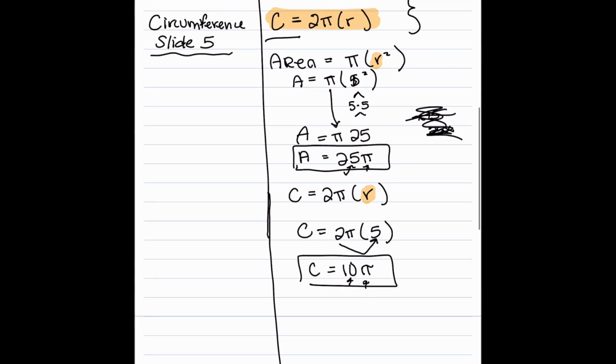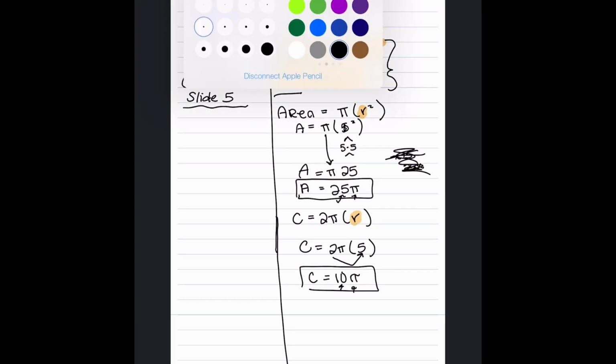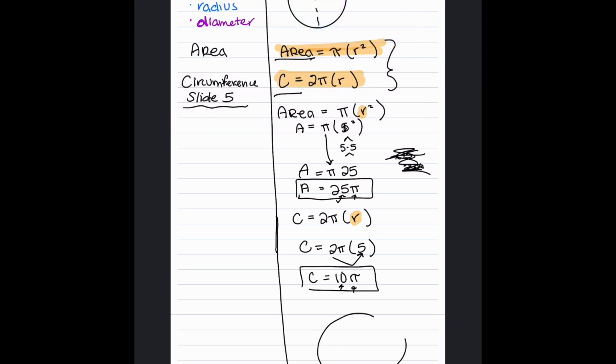And we have two different answers, I'm sorry. We have the area and the circumference. So of that circle that's drawn there on slide 5, it was 5 inches from the center here. I know this is ugly, but bear with me.